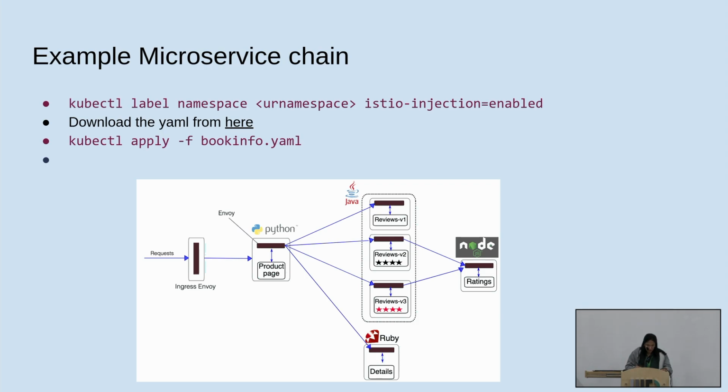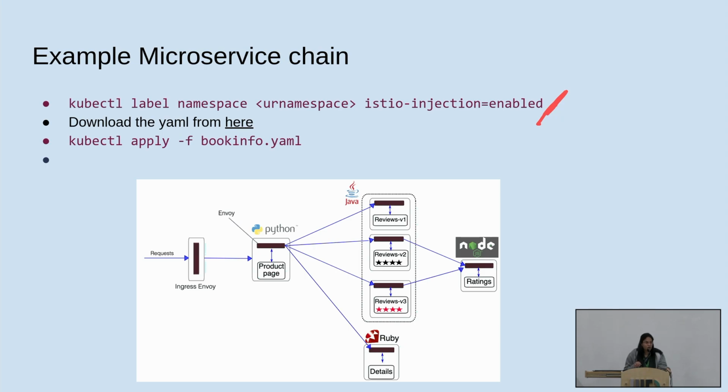Okay, great. So what you have to do is, in the same namespace, we have to tell Kubernetes that I want to have Istio enabled for my microservices that are running in my namespace, right? So this command will enable it to install the Istio sidecar in your microservice, right?